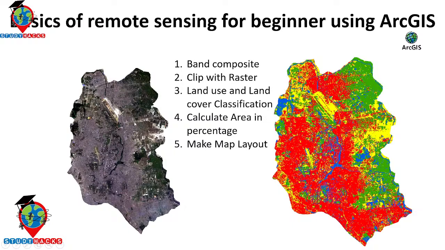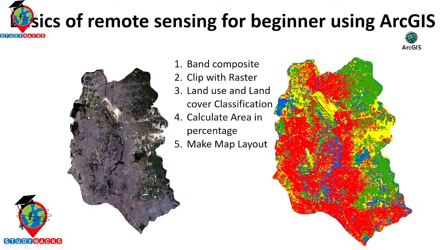Now I want to use this satellite image and make different types of land use land cover classification. Here you can see this red color identifies your built-up area or settlement. This blue color identifies your water body, and this yellow color identifies barren land and fallow land. This green color identifies the vegetation.